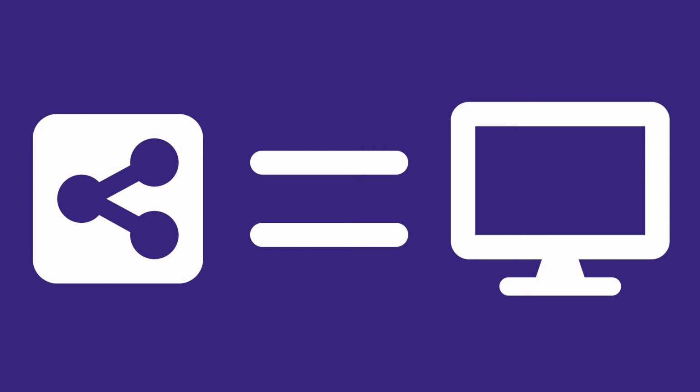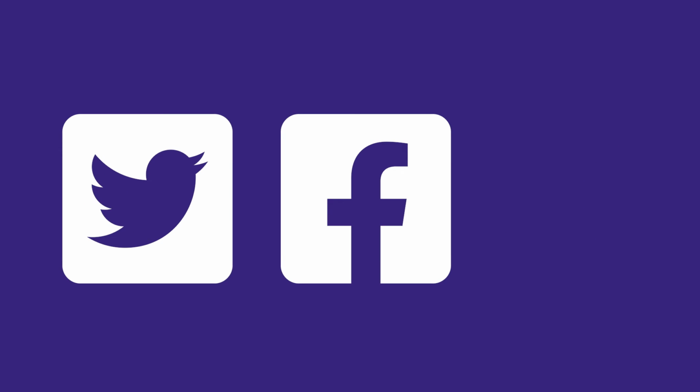Adding alt text to images on social media is just as important as adding it on your website. Here's how you add alt text using the big 3 platforms: Twitter, Facebook, and Instagram. First up is Twitter.